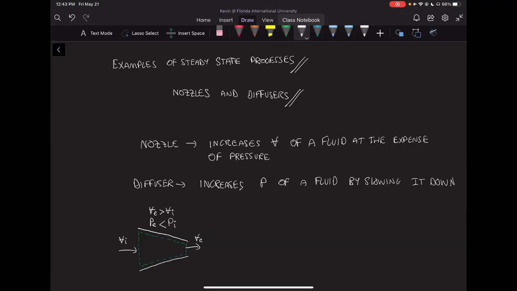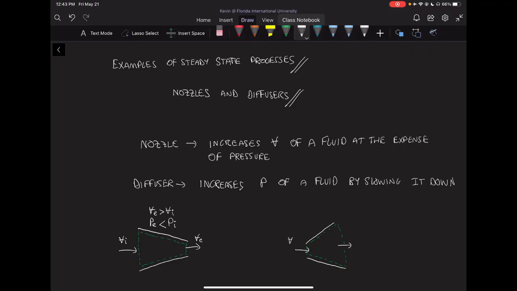Now, a diffuser is the exact opposite. So a diffuser looks something like this. And this has the same type of control volume that we're going to use for the analysis, and has a flow going in and a flow going out.